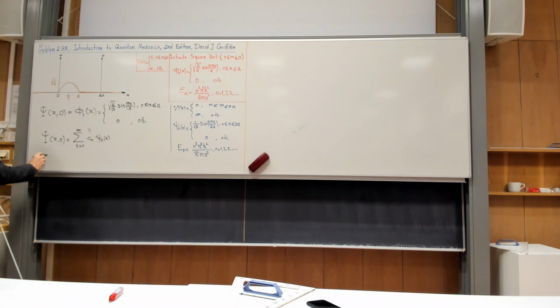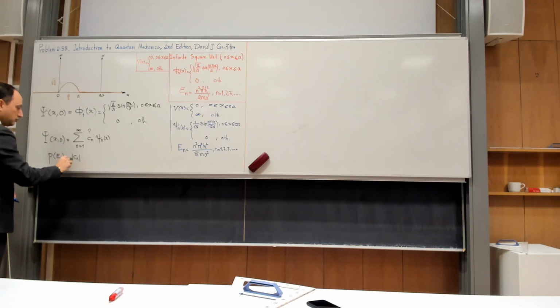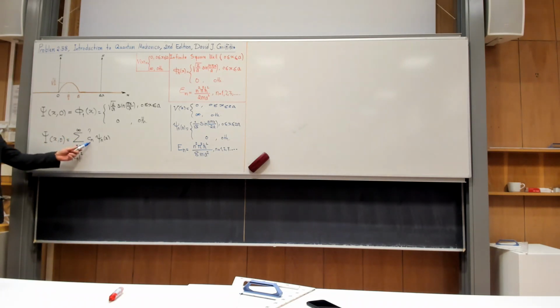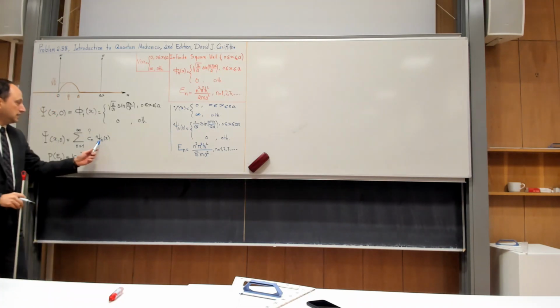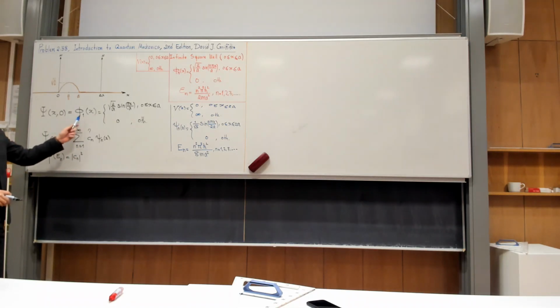Why? Because if I want to calculate the probability that a measurement of energy gives me the particular value En, this is equal to this coefficient, absolute value squared. So in principle, I want to find these coefficients so that when I plug these functions in and add them up, it gives me this function back.